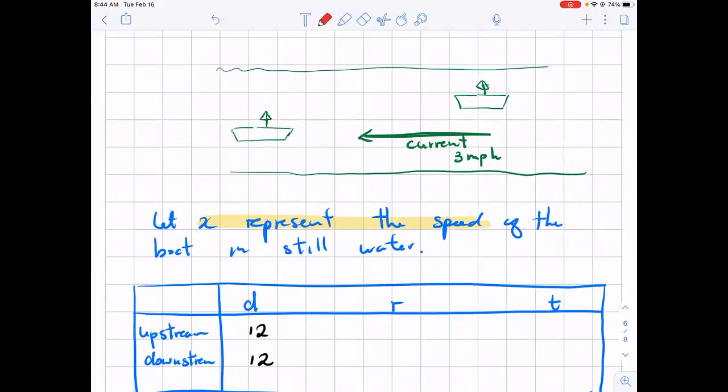Because if I'm going upstream, upstream will be here, and here will be downstream.